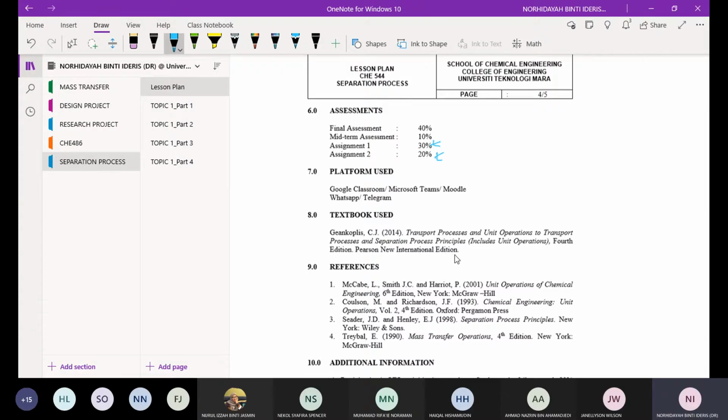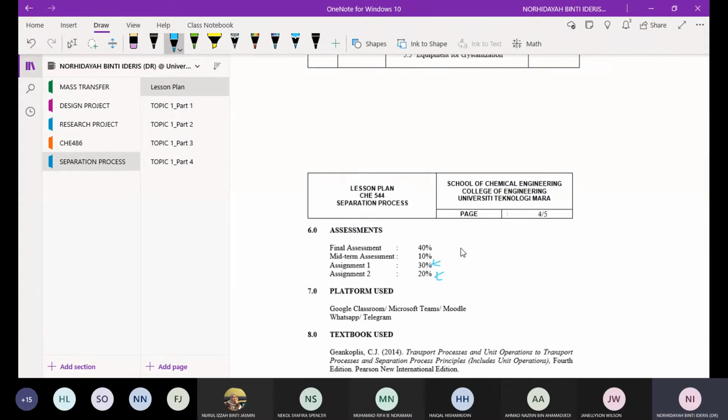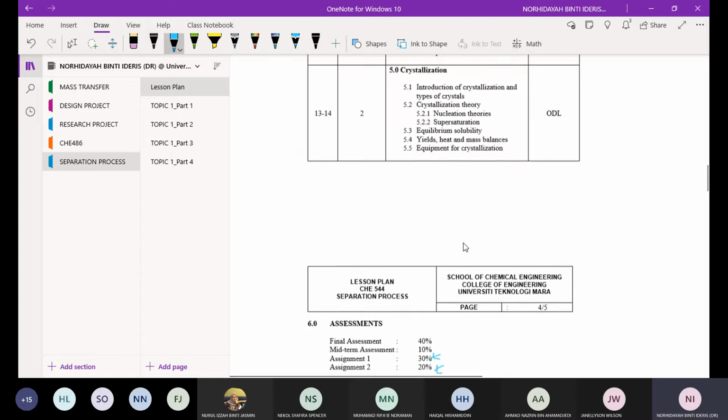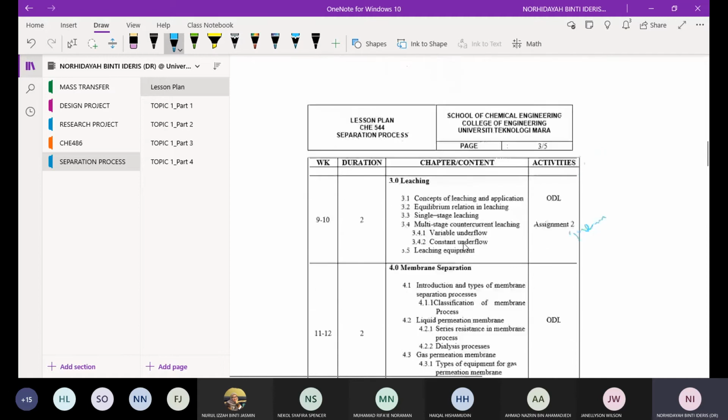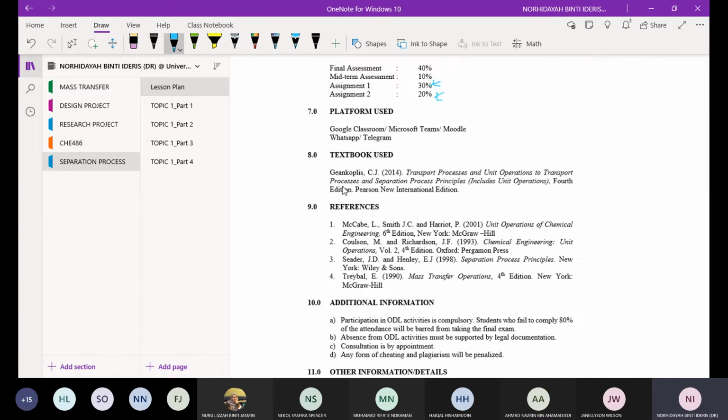Okay, so alright, so buku Geankoplis ni saya cakap hari tu berbaloi kalau beli sebab you're gonna use it for last semester and this semester. Okay, however I expect that each one of you dah ada dia punya soft copy.